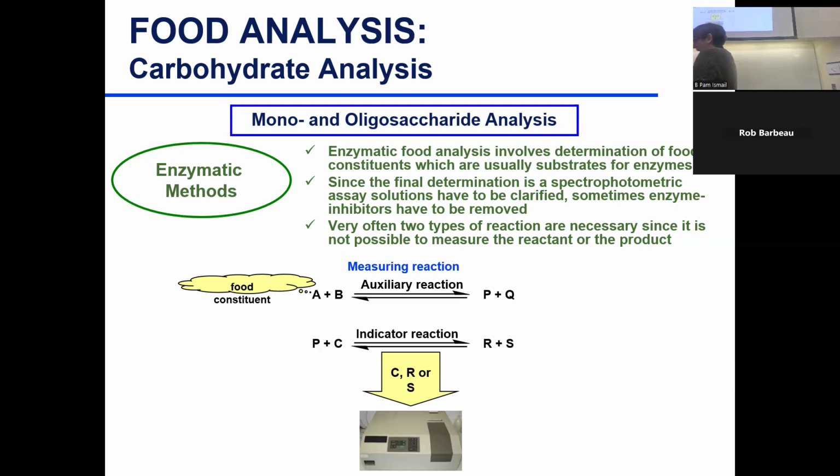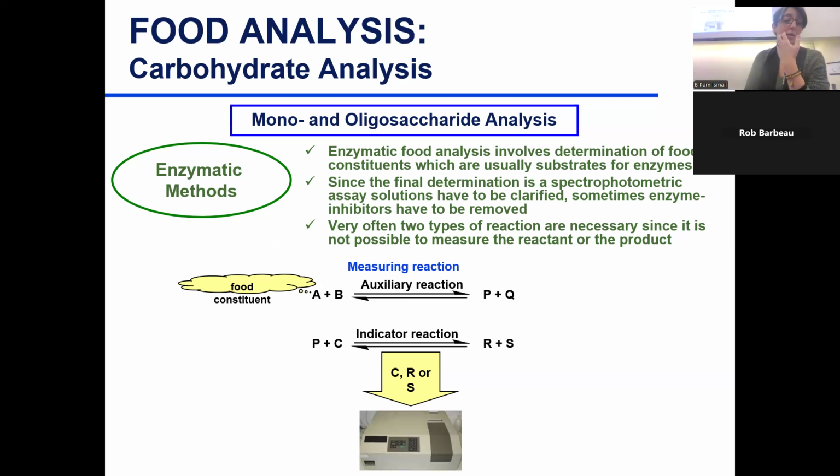That's why a coupled reaction is needed. When all of your reactants and products do not absorb light, we need something else. So we take a product from the measuring reaction and we couple it with another reagent to give us a product that has an absorption and can be measured. That second reaction, we call it an indication reaction or indicator reaction, because that's where we generate a product that can absorb light and can be used for measurement.